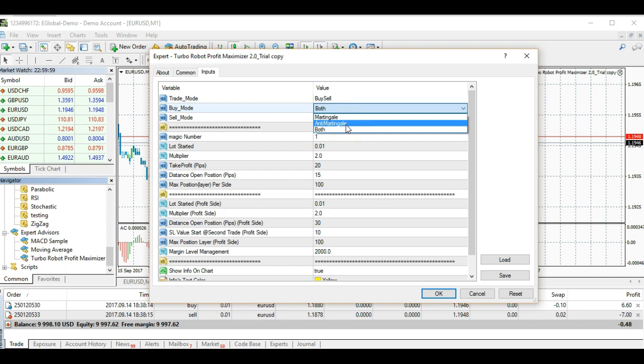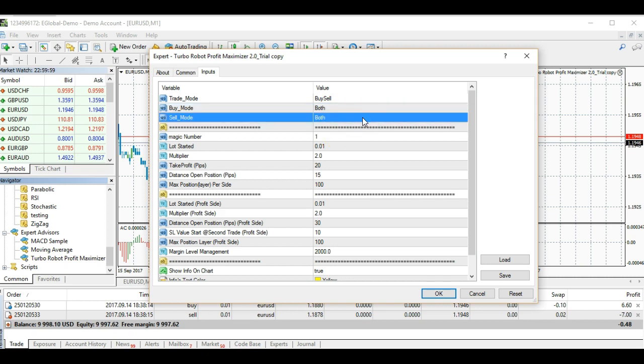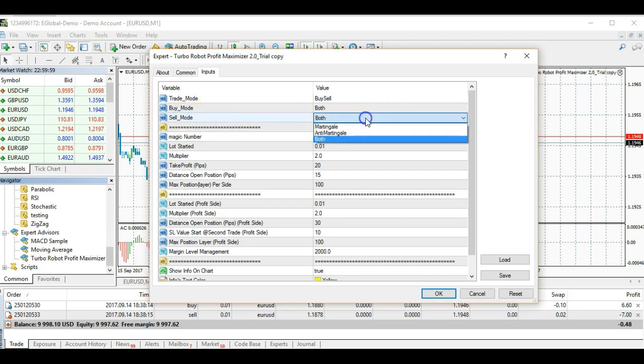Later we will explain how anti-martingale works. You can set both so that they will perform either way. For your sell mode, it's the same thing. Because in forex you can buy and you can sell, right? You can either choose martingale, anti-martingale, or both. Our recommendation is choosing both.